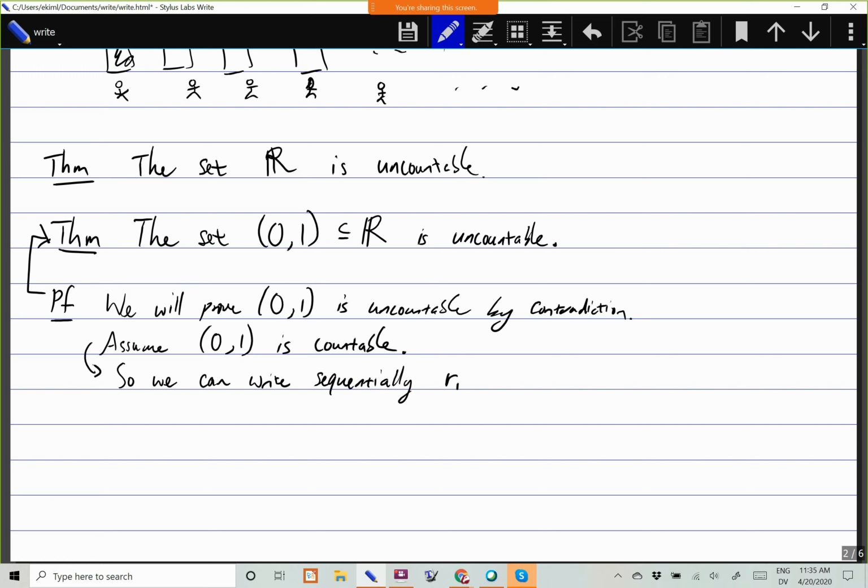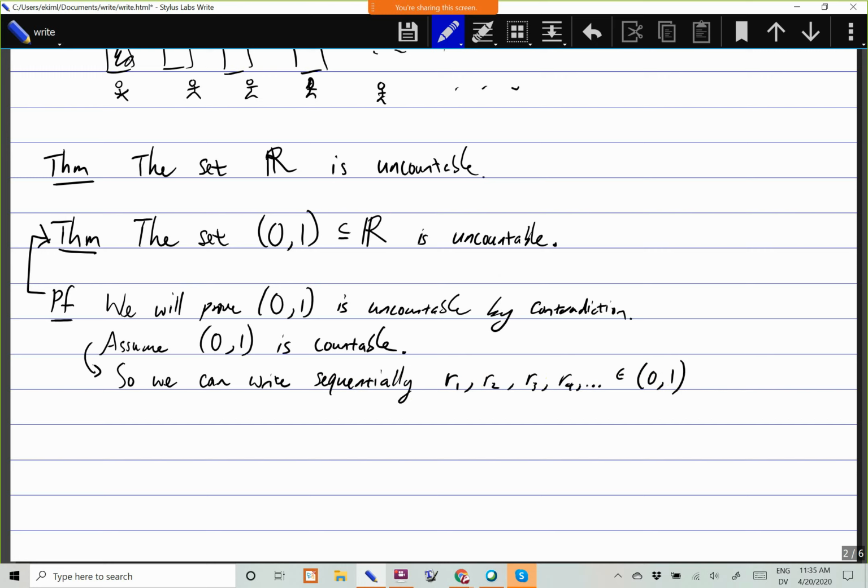Let's say R sub 1 is an element in this set of reals between 0 and 1. And then there's an R sub 2, and an R sub 3, and an R sub 4, and so on. So we could write these in order and get all of them. And these are all, just to emphasize here, elements of this set.